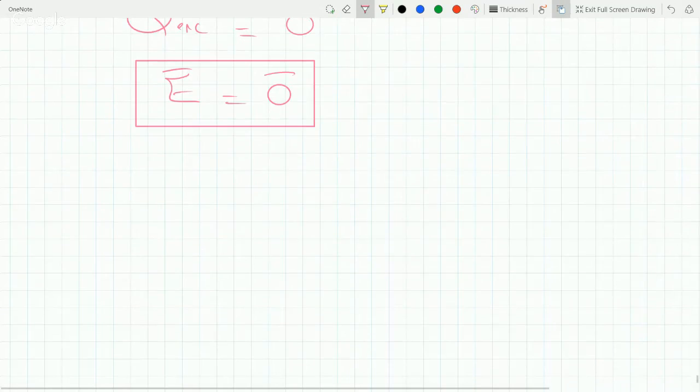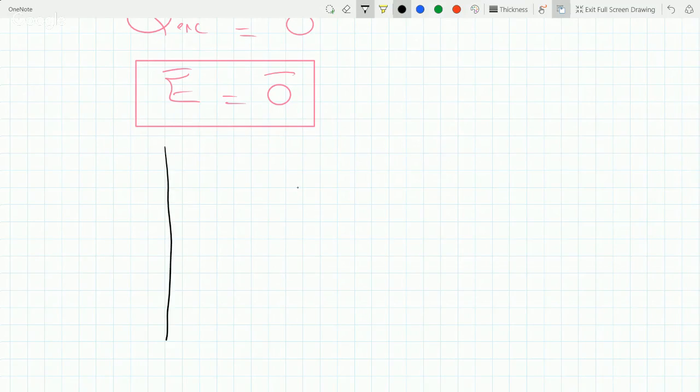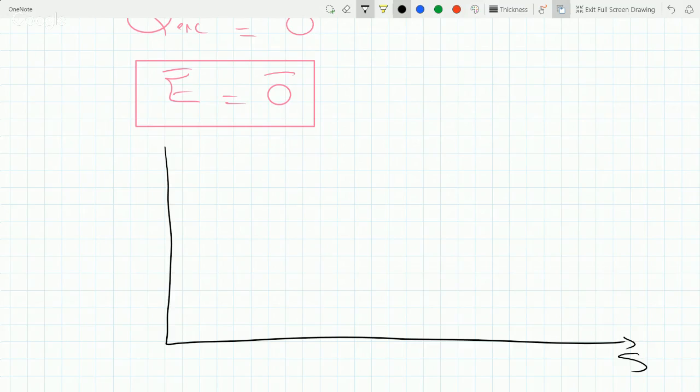Okay, and then we could sketch this. That's a simple task now that we have it. So let's say this is S and this is E. And the inner cylinder goes all the way to A. So let's say this is A here, and this is B here.